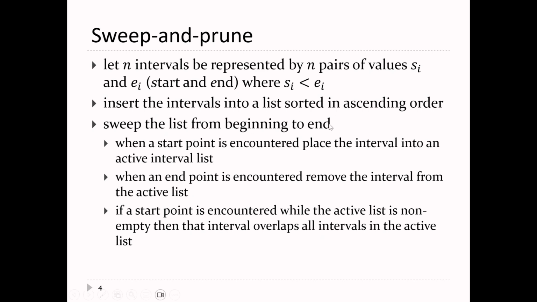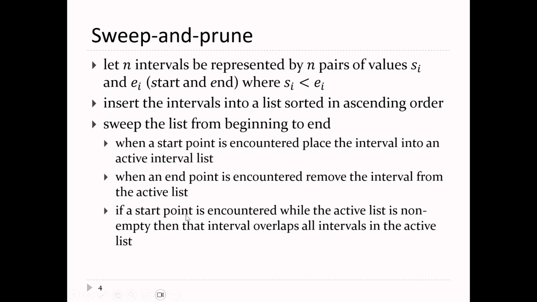Conceptually, this is what you do. Algorithmically, you do something else, but conceptually, we're going to sweep this list. I'm going to show you a picture in just a second. As you sweep the list, whenever you encounter a start point of an interval, you place that interval into what's called the active interval list. When you find the end point of that interval, you take it out of the active interval list.